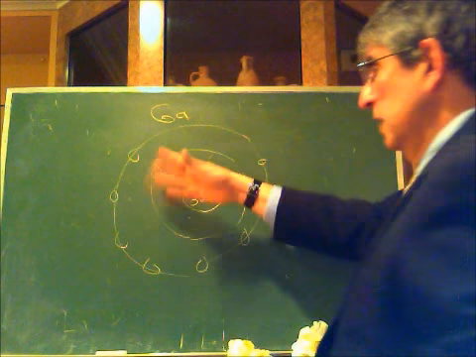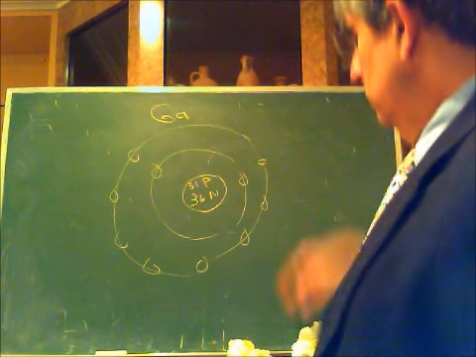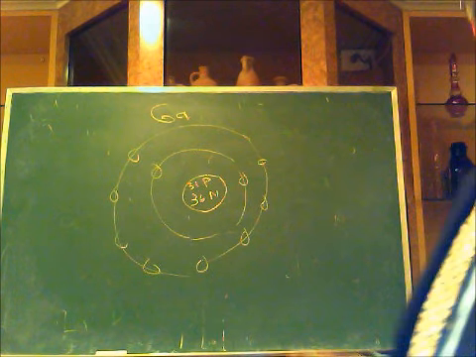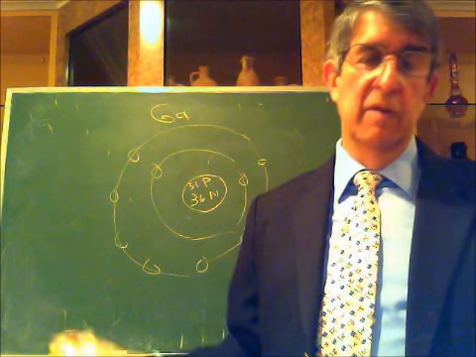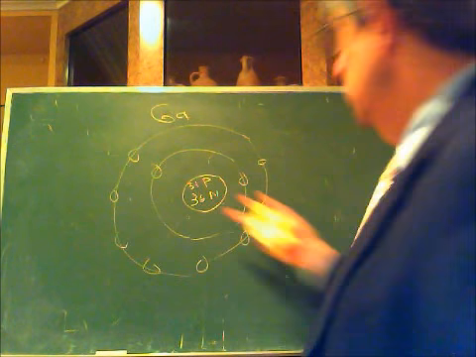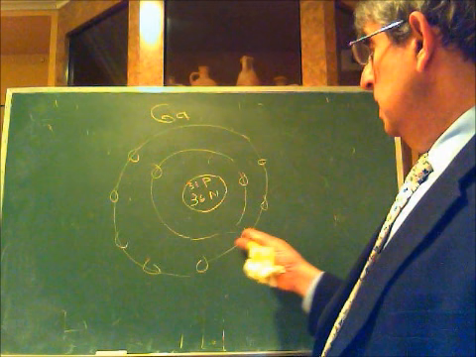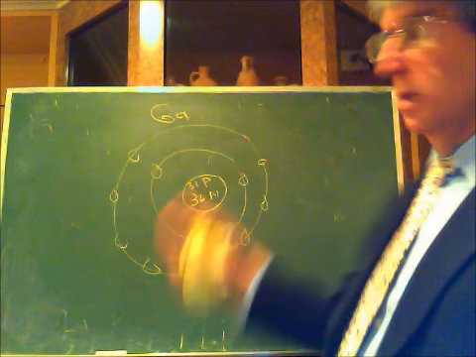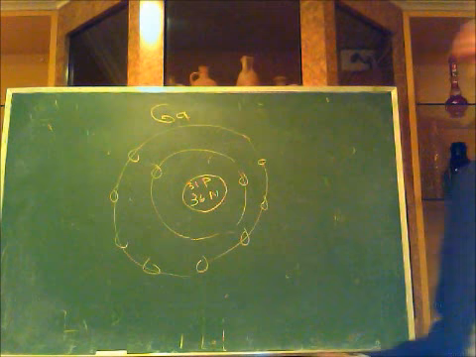And of course, it doesn't look like this. Those of you that have studied chemistry know that we've got s orbitals and p orbitals and d orbitals. If you don't know that, it's not really necessary for this argument. But I want you to realize that this is just an older model of the atom, but it's a little bit easier for us to envision it this way.